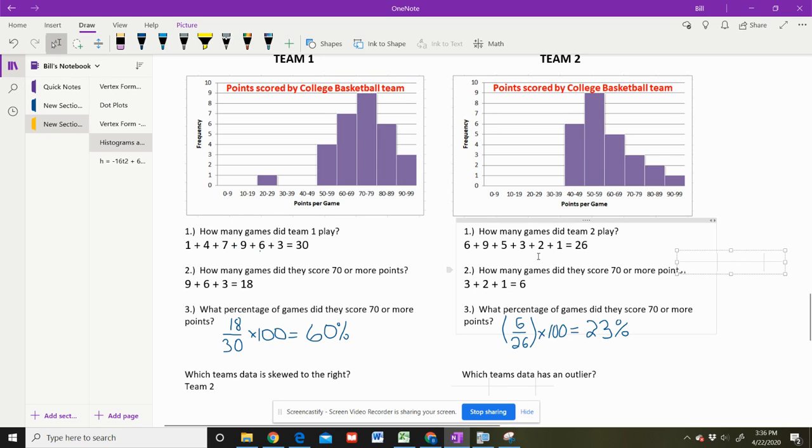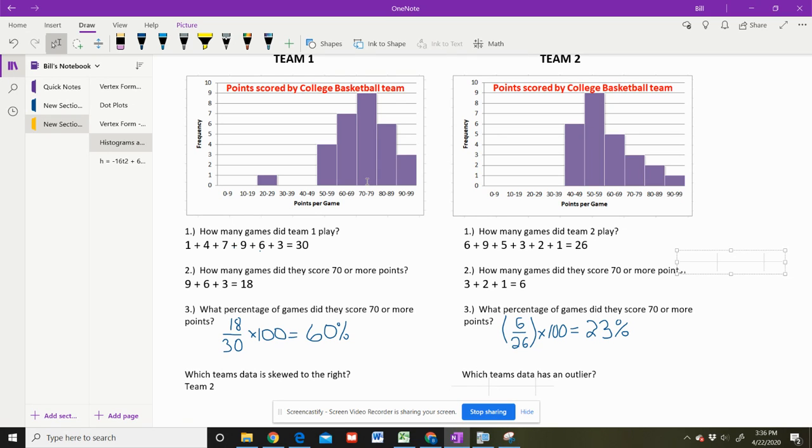And then the next question is which team's data has an outlier? An outlier is going to fall outside the normal distribution of the data. It'd fall outside of your first quartile. It's like a data point that's either very much larger than the distribution of your data, or one that's very much smaller.